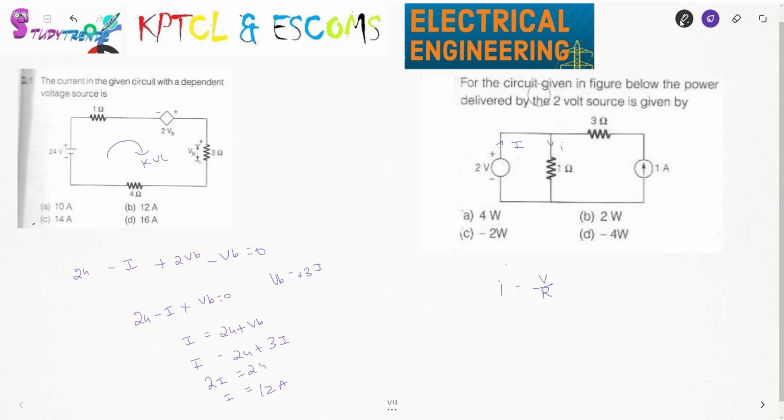So V by R means 2 by 1 is equal to 2 amperes. If 2 amperes is going here, 1 ampere is coming here, and another 1 ampere is coming from the source. So main current will be 1 ampere. We know that power is equal to V into I, so 2 into 1 is equal to 2 watt.